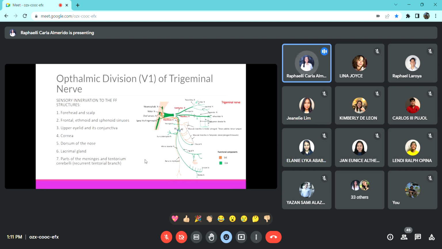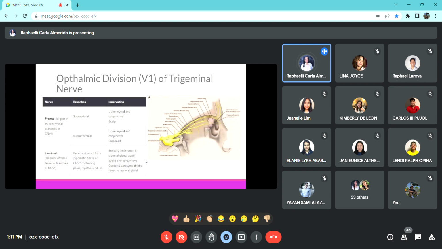Okay, so later we'll see what are the branches that innervate these parts. Okay, so I provided you a summary table. Okay, so as I said, there are three main branches of ophthalmic division: the frontal, the lacrimal, and the nasociliary. So for the frontal nerve, okay, this is the largest of the three branches of cranial nerve V1.